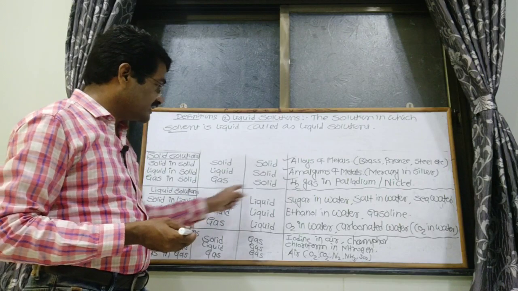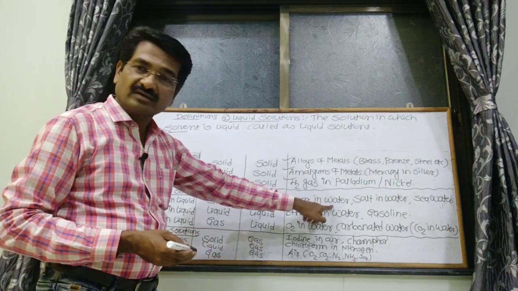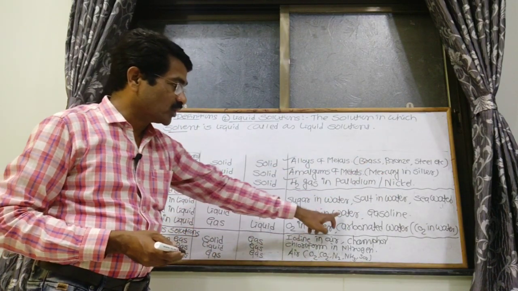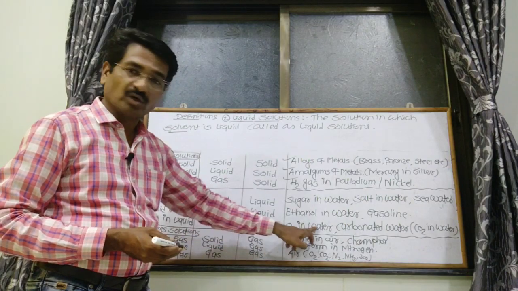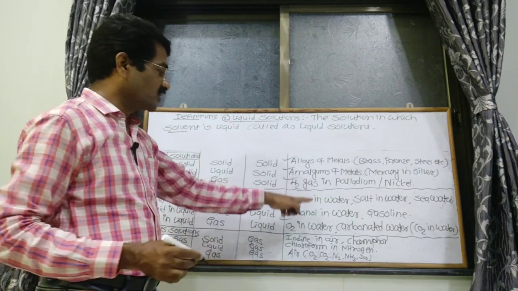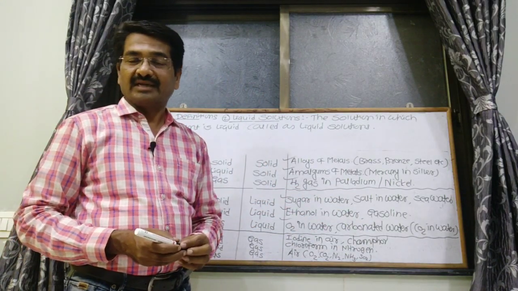For examples, all these are liquid solutions, 1, 2, 3: sugar in water, salt water, seawater, then ethanol in water, gasoline, or O2 in water. All these three examples are liquid solutions, because in all these examples the solvent is liquid.